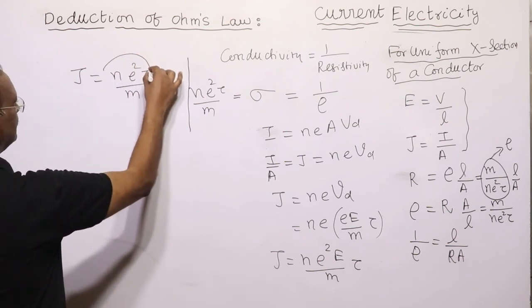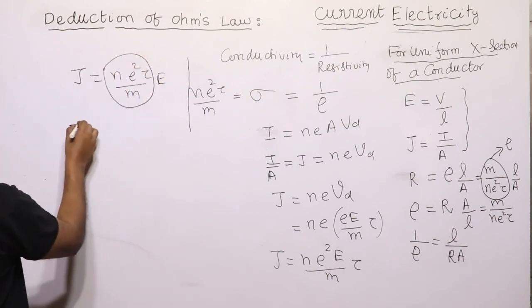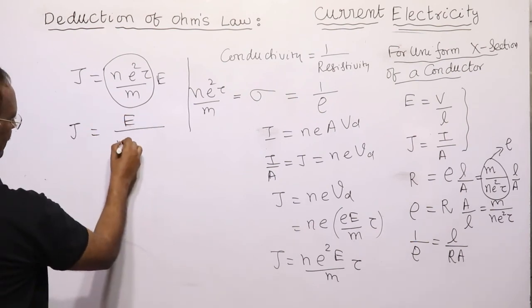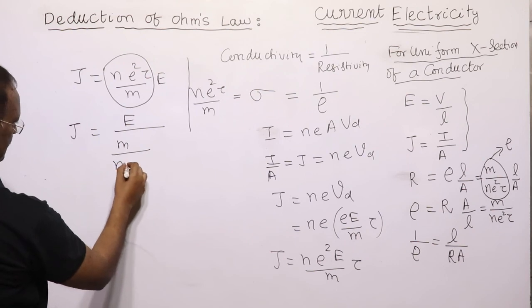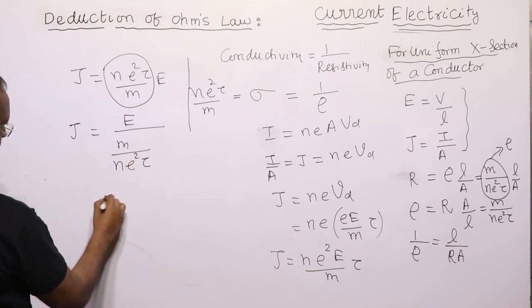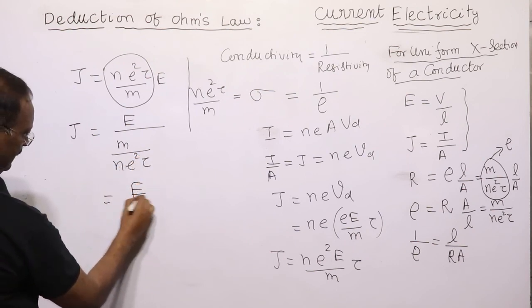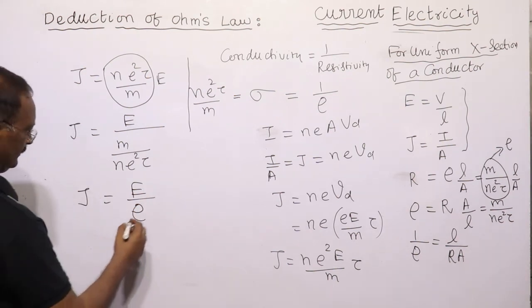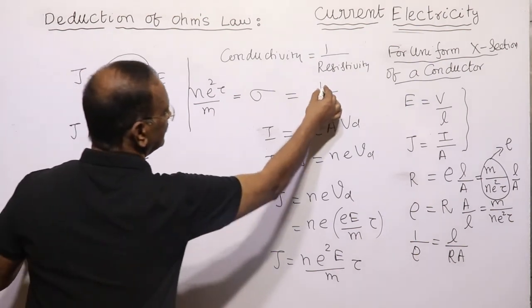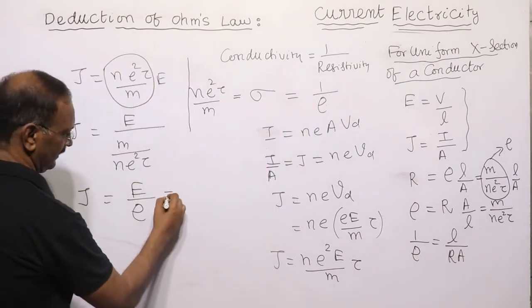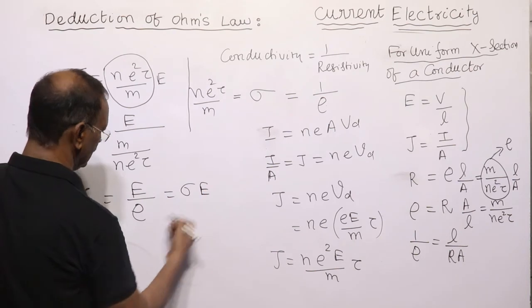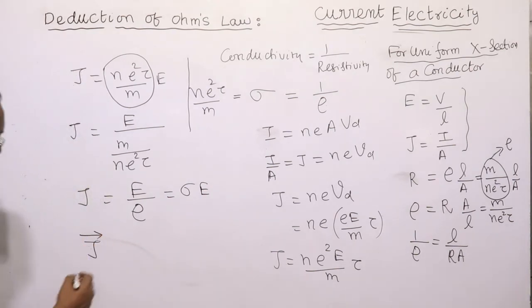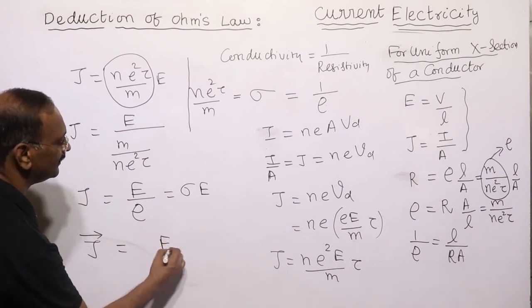We can write both ways: J is equal to E divided by m by n e square tau, which is E divided by resistivity. 1 by resistivity is equal to conductivity, so we can write conductivity into E, or in vector form, because current density is a vector and electric field is a vector.